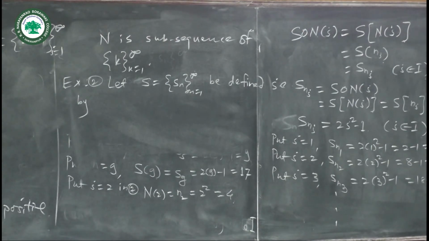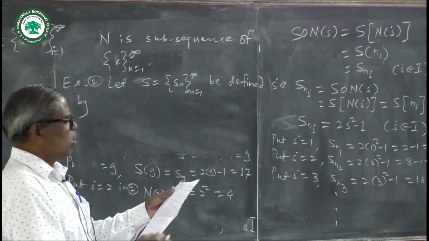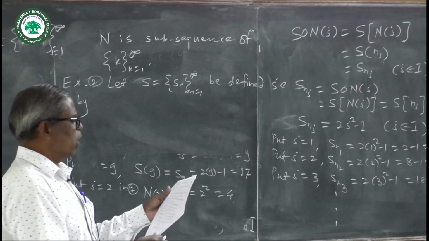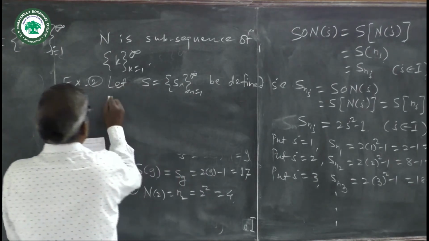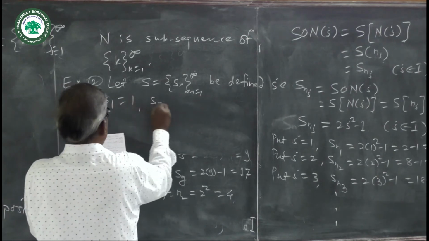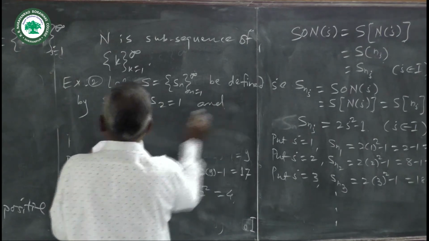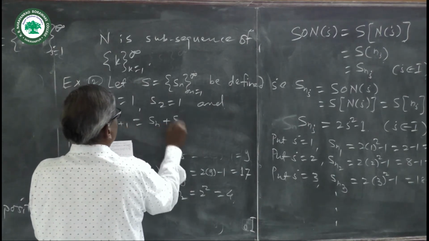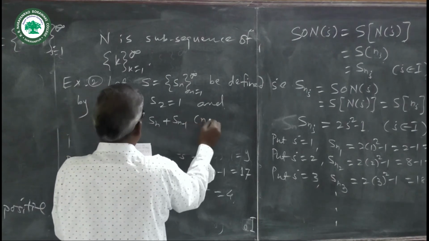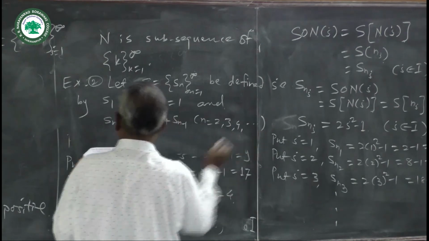by S1 is equal to 1, S2 is equal to 1, and Sn plus 1 is equal to Sn plus Sn minus 1 for all n is equal to 2, 3, 4, and so on.